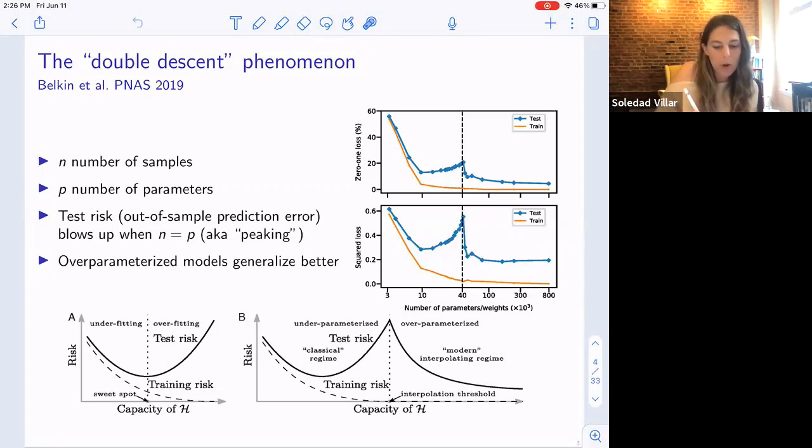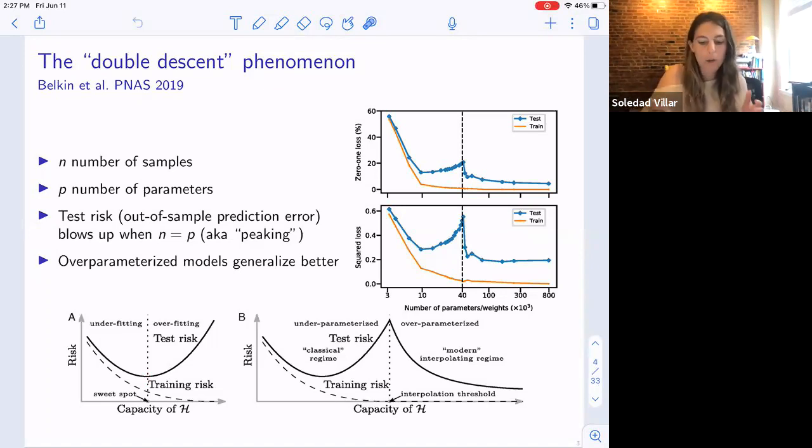And if your model is very expressive, your training data is going to be fit perfectly, but you're overfitting, and your test data is not going to look good at all. I will show you some examples of that. And the classical theory tells you, okay, there is this sweet spot where you have this bias variance trade-off, where this is the best number of parameters that you can have for a model like this.